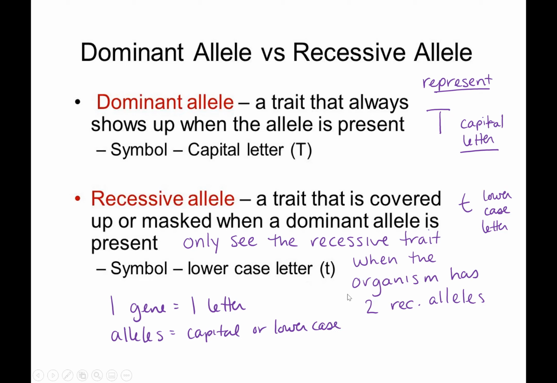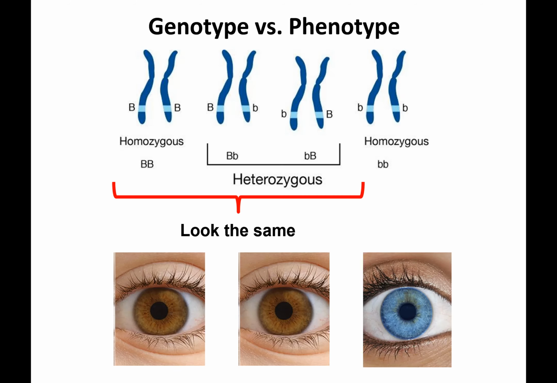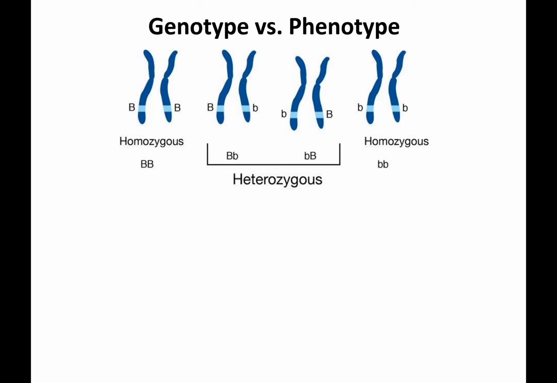So let's see what that means in real life. Well, not quite real life, but real life. Okay, so let's first talk about these terms homozygous and heterozygous. If you're homozygous, that means you have the same allele. Homo in biology means same.